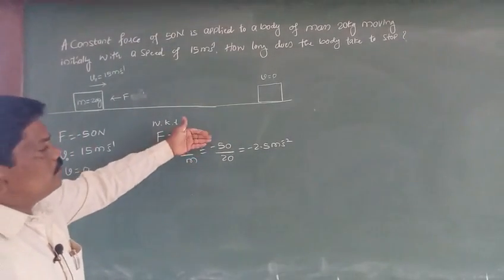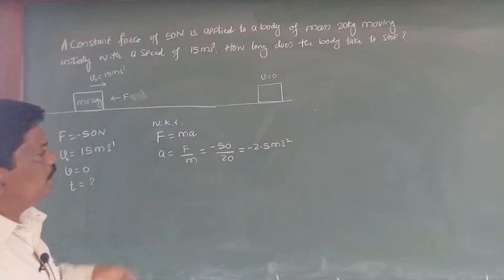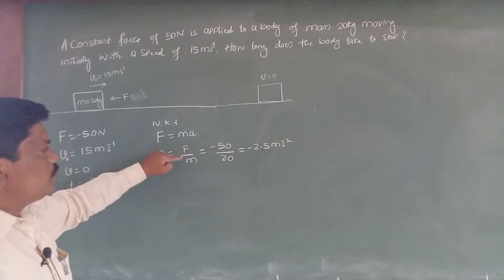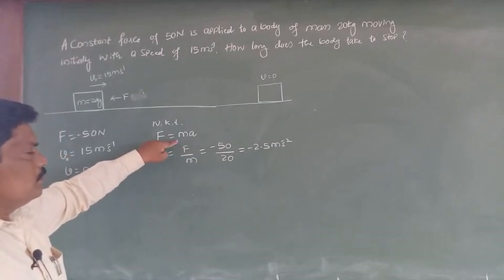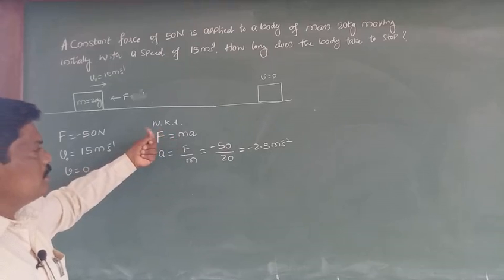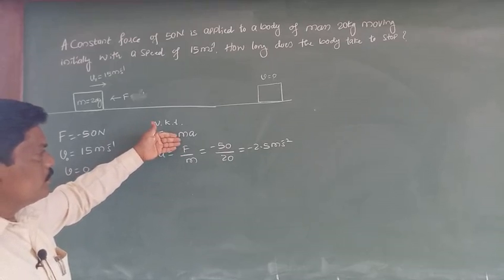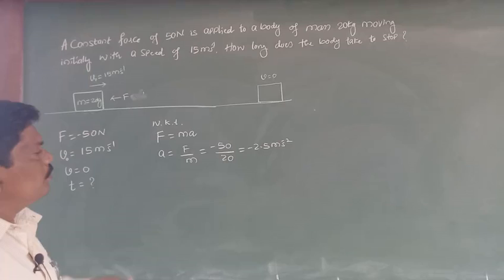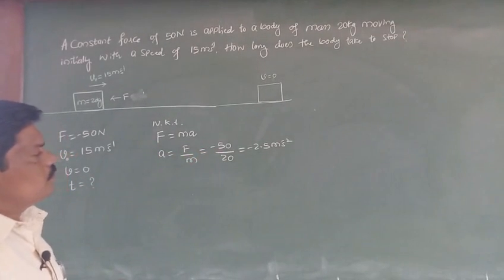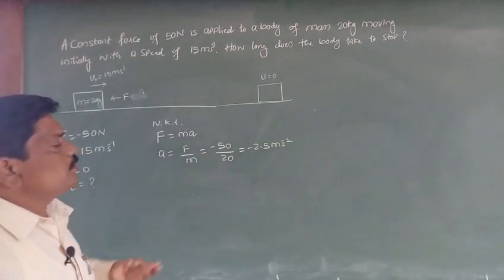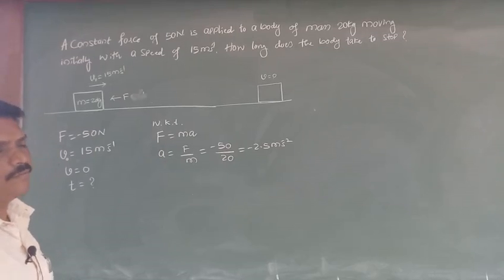Newton is the SI unit and mass in kg is also the SI unit. By taking the ratio of two quantities, you have to take both quantities in the same system of units. Force is in SI, mass is in SI, so the acceleration is also in SI, that is meter per second square.